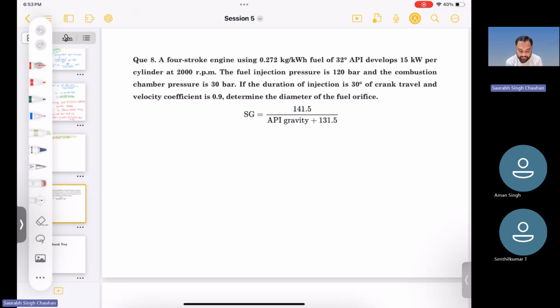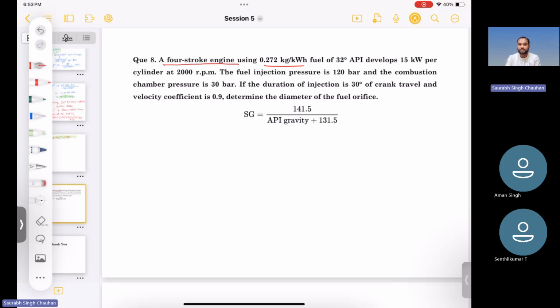Okay, let us read it again. A four-stroke engine using 0.272 kilogram of fuel per kilowatt hour, fuel 32 API, develops 15 kilowatt per cylinder at 2000 RPM.